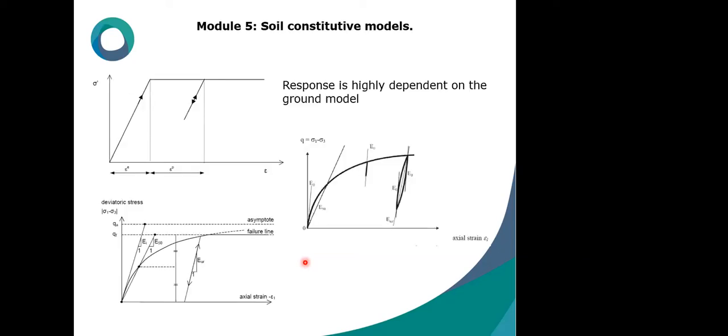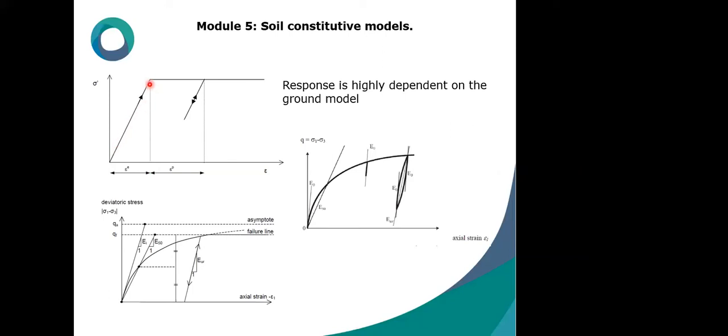Well, look at here. There are three diagrams, showing three kinds of stress-strain behavior of soil models. This diagram is related to the MC model, or Mohr-Coulomb model. You can see the linear behavior until the specified strain here.